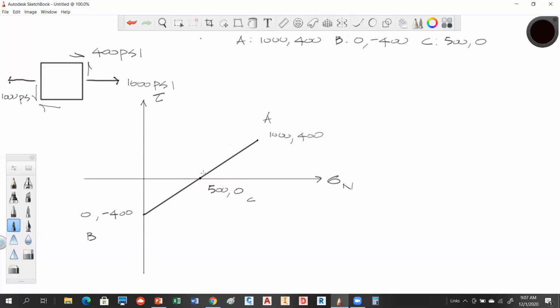Now, I don't know if I'll be able to do this. Let me see how this works. Oh, that might work. That's not too bad. Let me undo that.